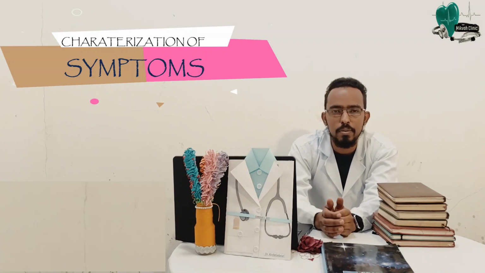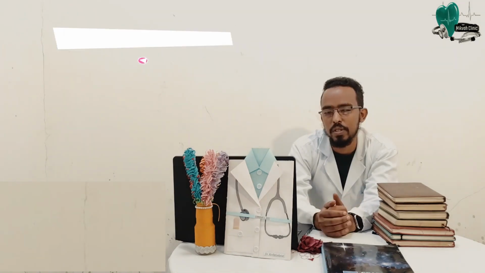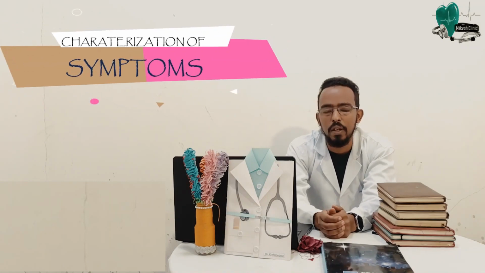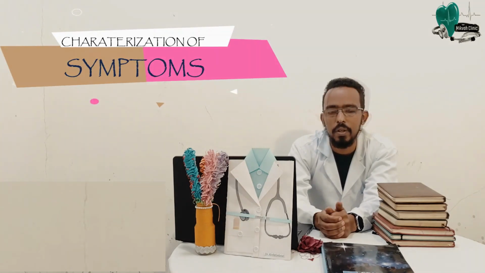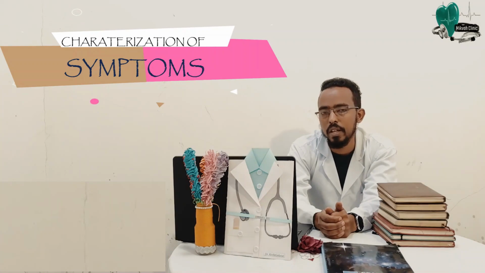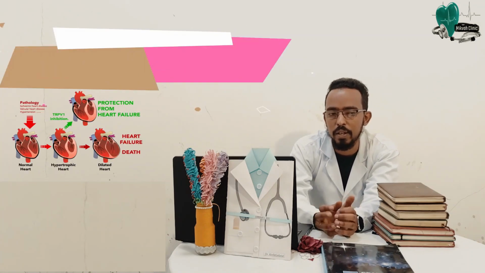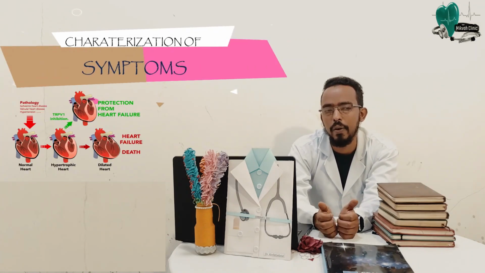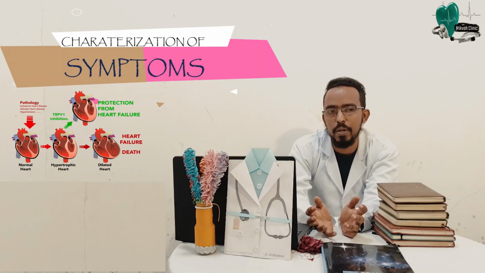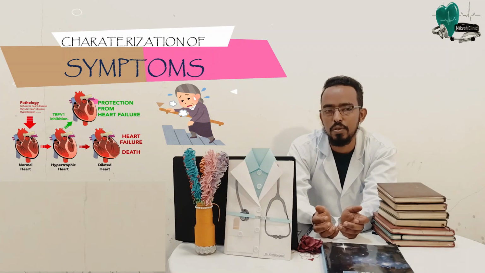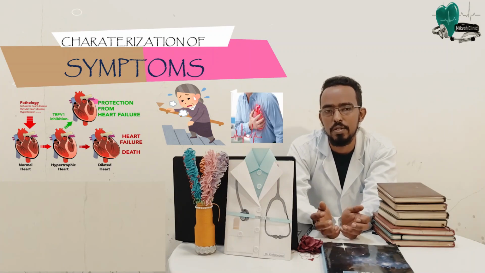As much as possible, I will try to show you the characterization of the major patient chief complaints, and we will discuss them in detail on our future bedsides under specific topics. For example, when we discuss heart failure, we will discuss in detail how to approach a patient, or how to characterize a patient presenting with shortness of breath, a patient presenting with chest pain.